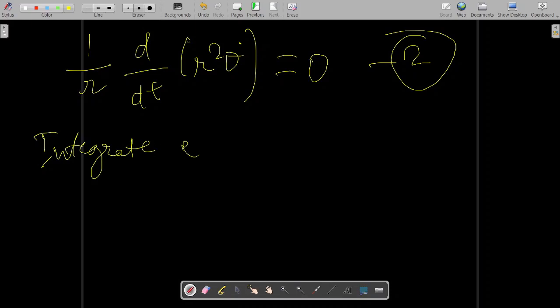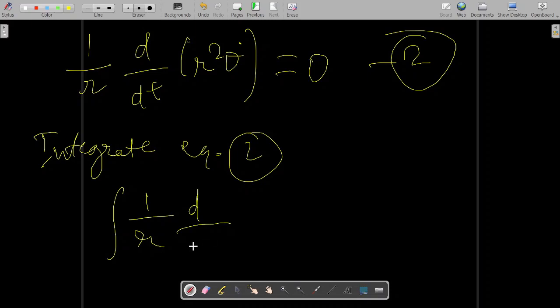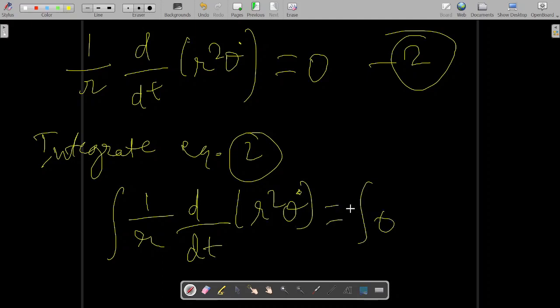Let's integrate this. Then clearly, if we try to integrate this, it will look something like this: 1 over r, d by dt of r square theta dot, is equal to the integration of 0.